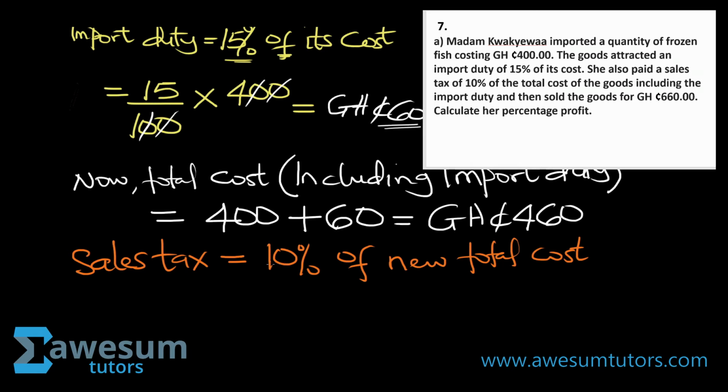Remember we had said this is the new total cost. So now we have 10%, which means 10 over 100, and of means times. What is the new total cost we have right now? 460. You still remember the way we got 460? That was the cost of importing plus the import duty.